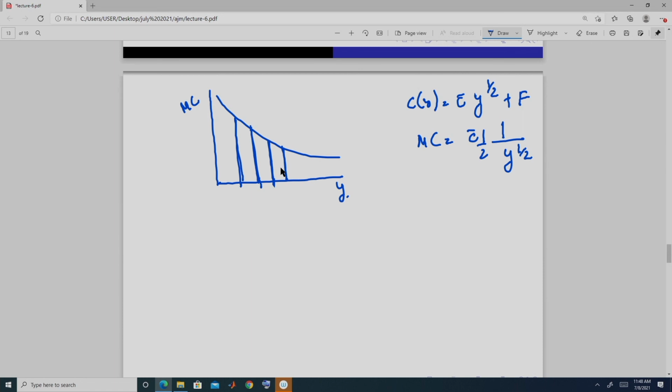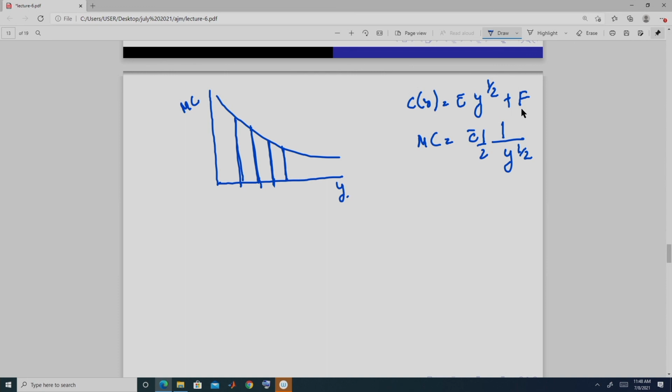This, as we have explained earlier, is when we take this to be a fixed component coming from the plant or from the building or from the rent that we pay for the land or for the building, and suppose we can vary both labor and capital, and our production exhibits some form of economies of scale here. So, what do we get here? As we go on increasing the output, the additional cost we are going to incur is going down. Okay.